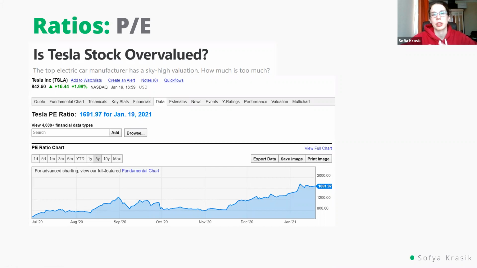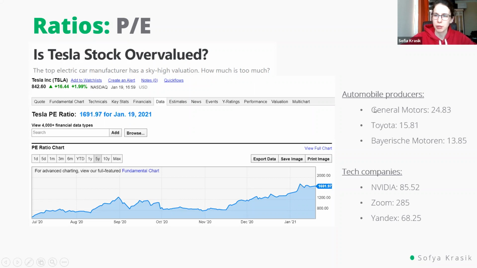It doesn't make sense just to look at this ratio, because overvalued relative to what? So probably it makes sense to compare this company's price to earnings ratio to other companies from the same industry. Here on the right, you can see examples of other companies.